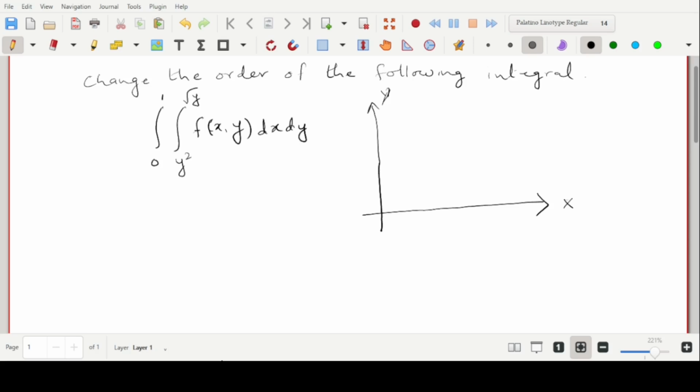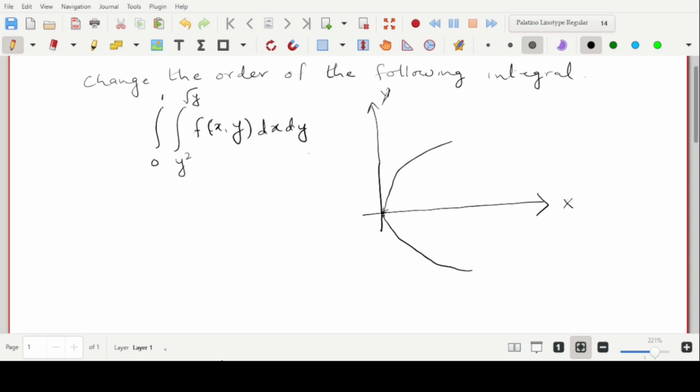The graph of x equal to y square is this in the first quadrant. In fact, x equal to y square can be drawn like this, the complete graph. And the graph of x equal to square root of y is this. The total graph is like this.